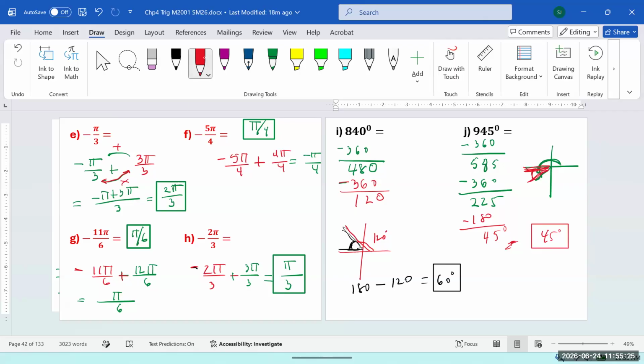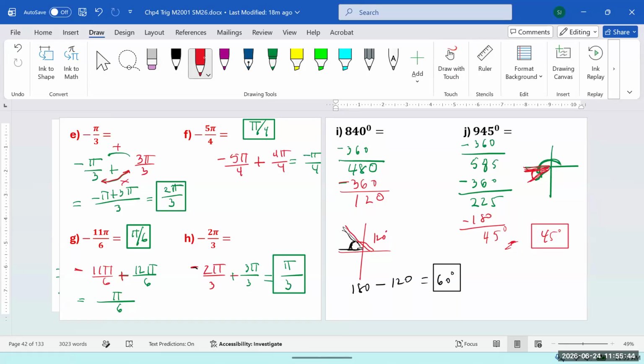You may wonder, why do we care about reference angle? Well, we care because what if they ask you to find sine 945 or cosine 945 or tangent 945 or other values of 945 or 840 or all these angles?